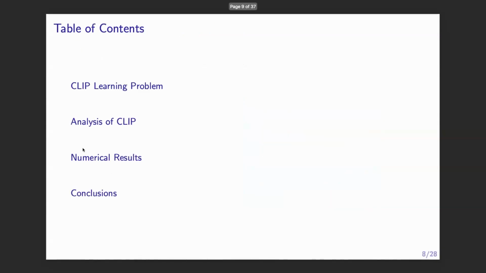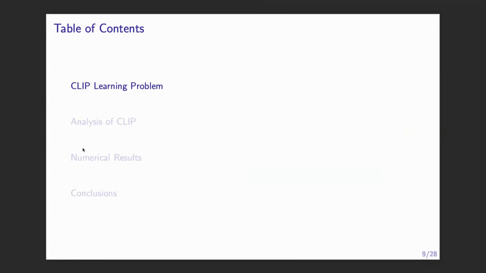So in the talk today, I want to describe how this methodology works in a few different parts. I want to describe first the problem of actually learning this model, provide some analysis behind it, and then lastly present some numerical results primarily in the context of this inverse problem.